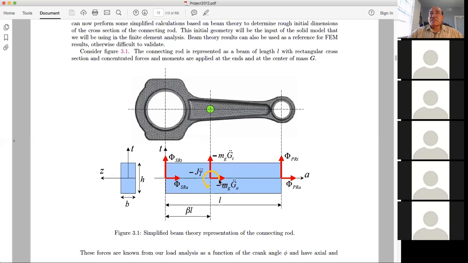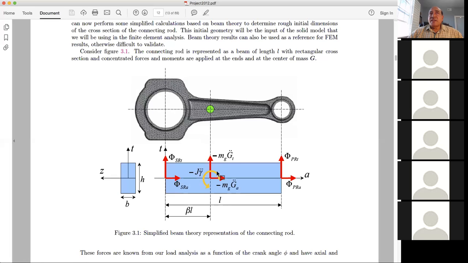In addition to this body force, we also have a concentrated moment due to the rotation of the connecting rod, and this is similar to saying mass times acceleration. We have here J times the angular acceleration. So M is like J, and G double dot is like gamma double dot.